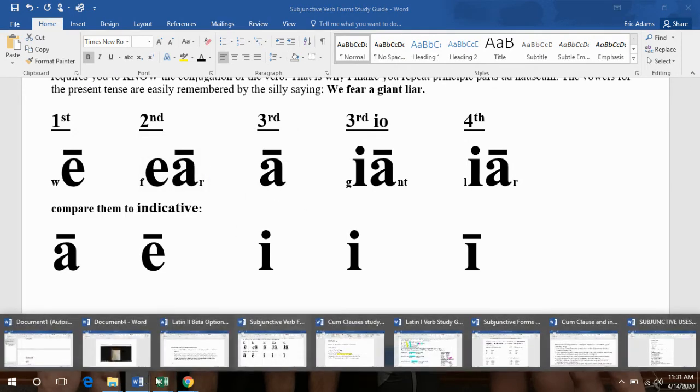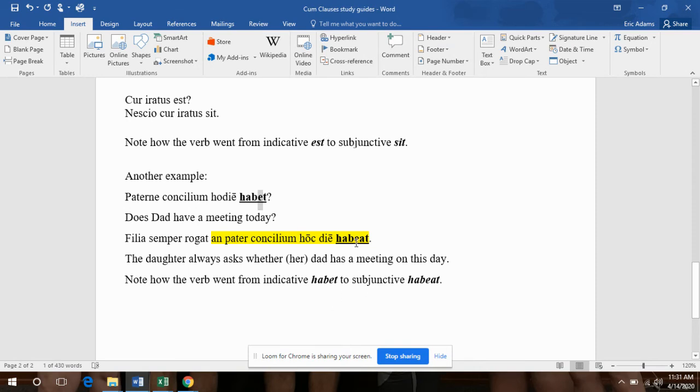And so it should then be habeat. And that's exactly what we have there. The daughter always asks whether her dad has a meeting on the day. And so it's going to be exactly the same in that you go from indicative, direct question to subjunctive, indirect question.